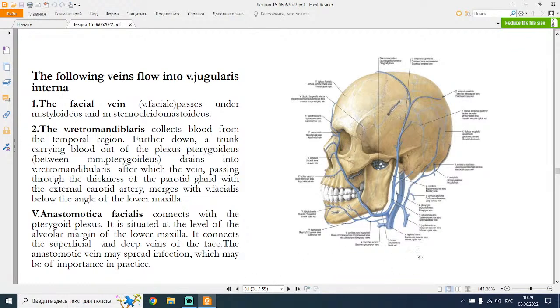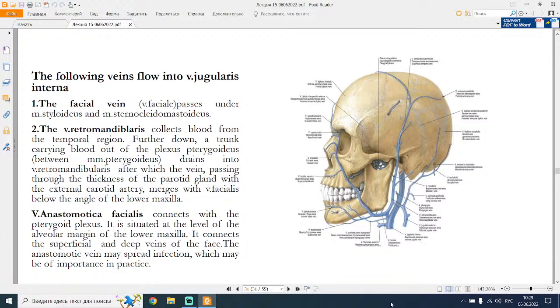Next vein, vena retromandibularis. It collects blood from the temporal region.